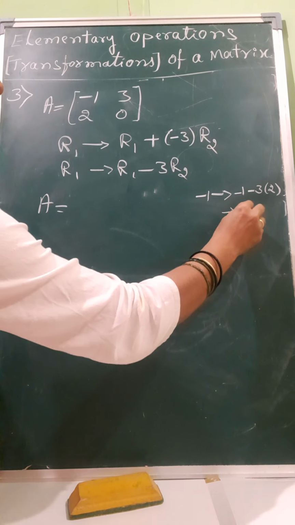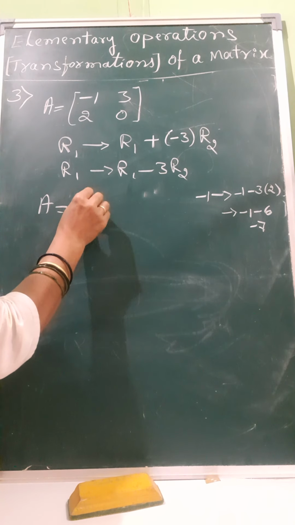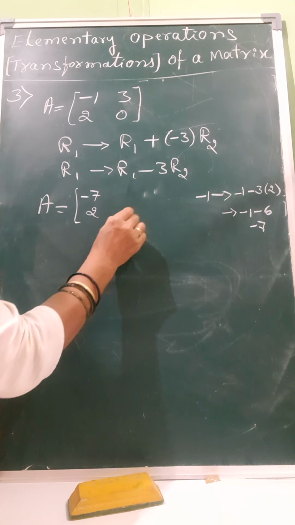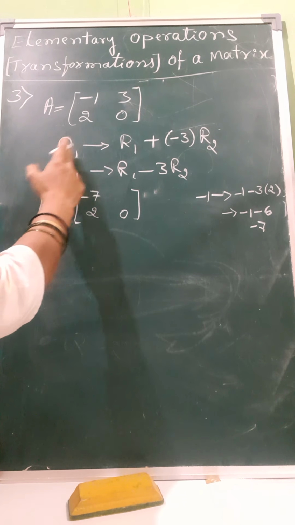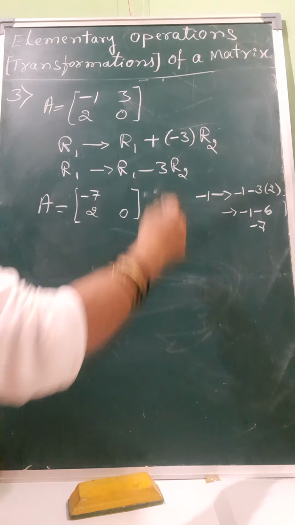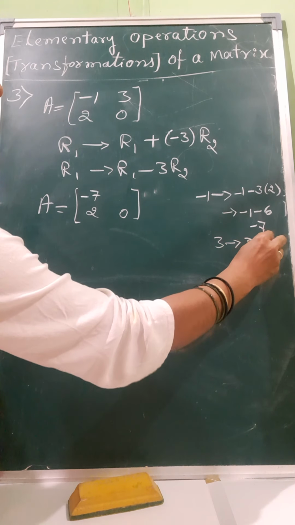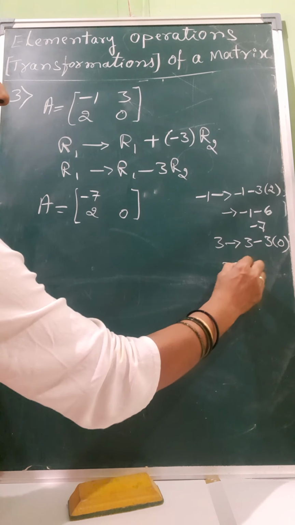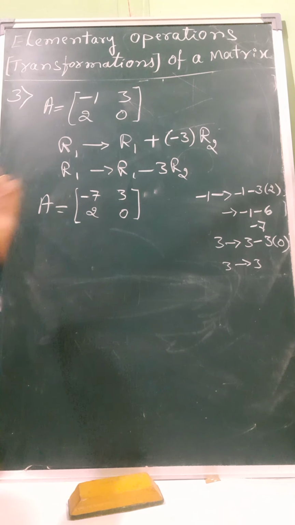So it becomes minus 1 minus 6, that is minus 7. The second row is as it is, there is no change in the second row elements. The first row elements change because R1 changes like this. 3 minus 3 into 0 is 3, so 3 stays as it is. So this is the third elementary operation.